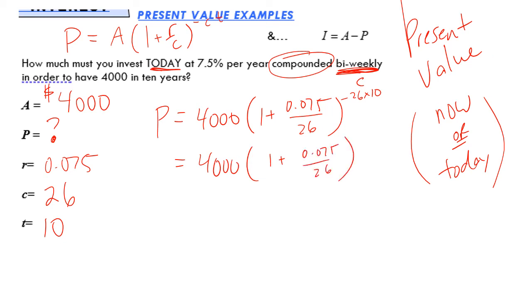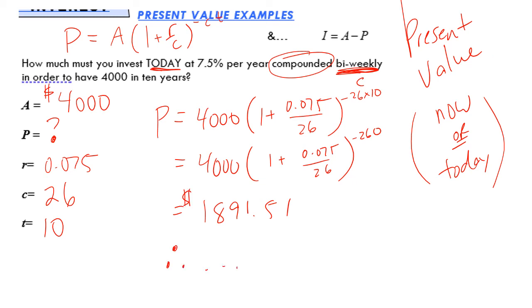And negative 26 times 10, negative 260. So you hit pause, try your calculator, make sure you get the same thing as I do. $1,891.51.